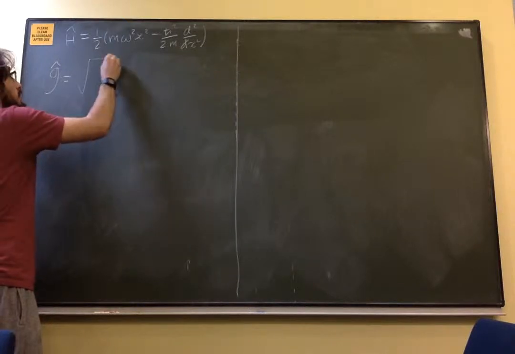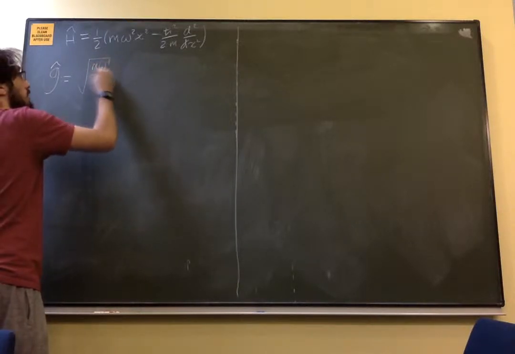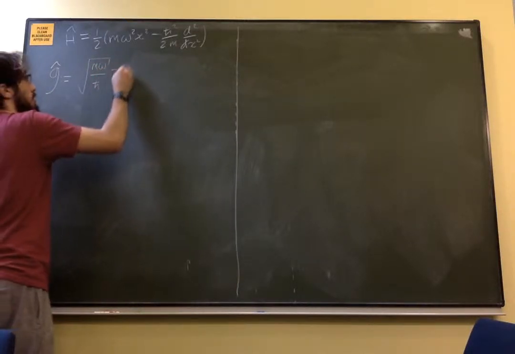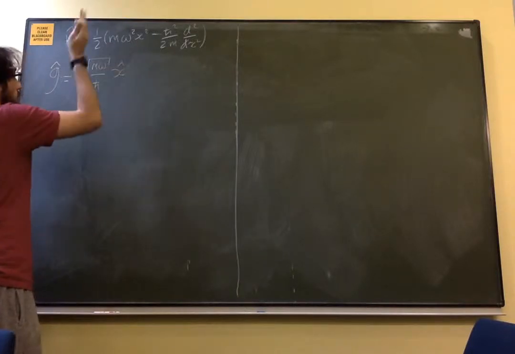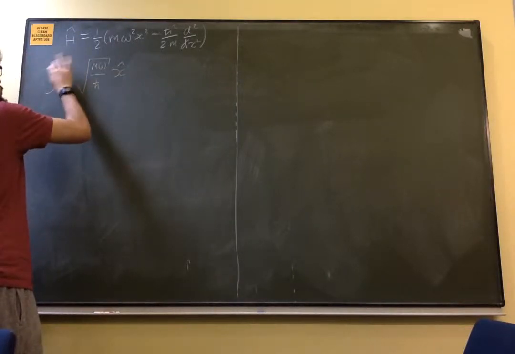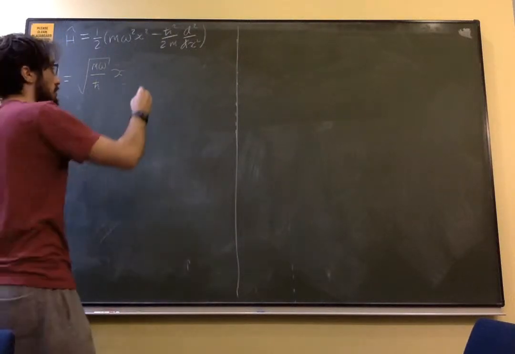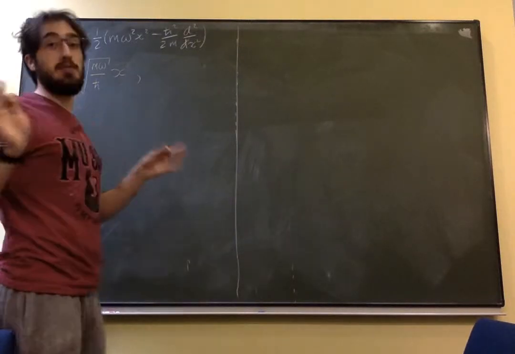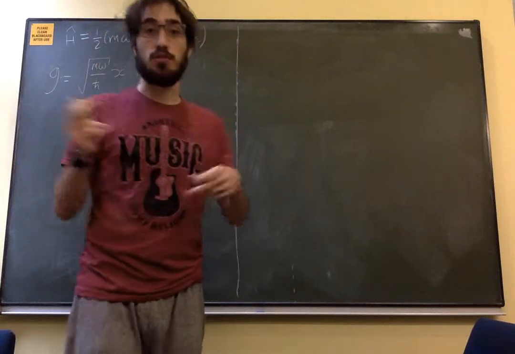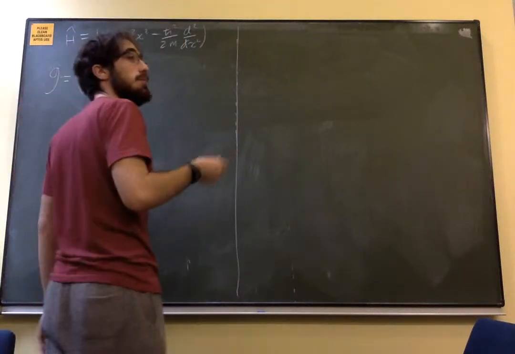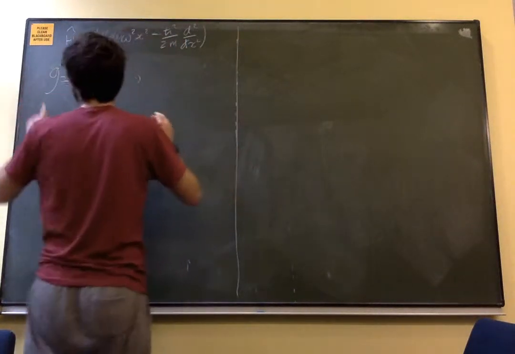Define it as the square root of m omega over h bar of whatever x is, okay? In fact, I'm not going to bother writing this as an operator, okay? We just understand that it is an operator. Of course, we'll have to be careful because it's not going to be commutative then, right? Okay, so we have G is this.